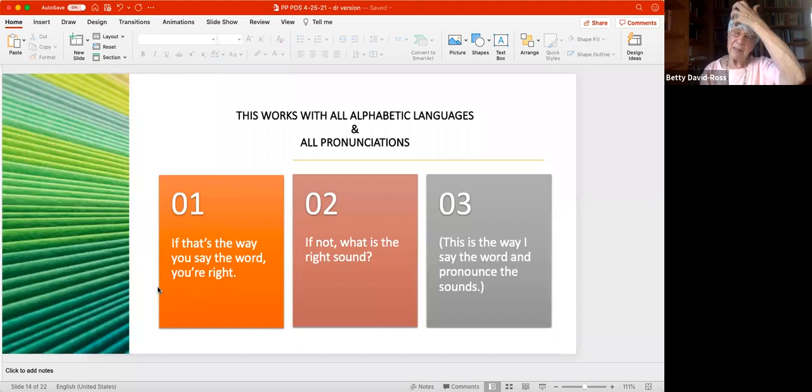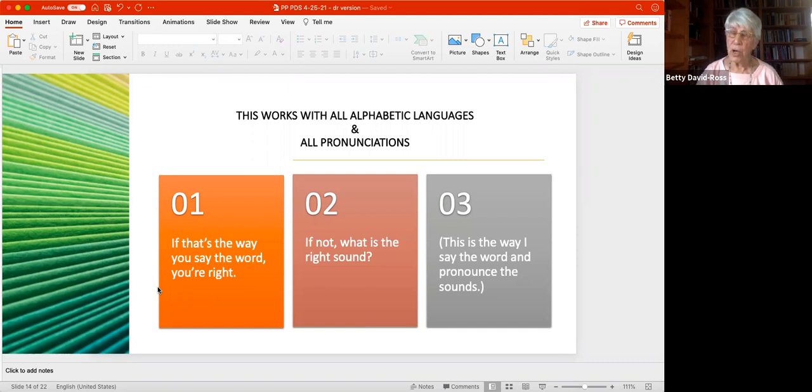Now, on the other hand, it's possible that the student does say it differently than me, like in the case of Carol and Carol. They may actually say it differently than I do. I was working with a little girl, a fourth grader, whose parents were Guatemalan and only spoke Spanish. We came across the word look. And I said to her, what are the sounds in look?